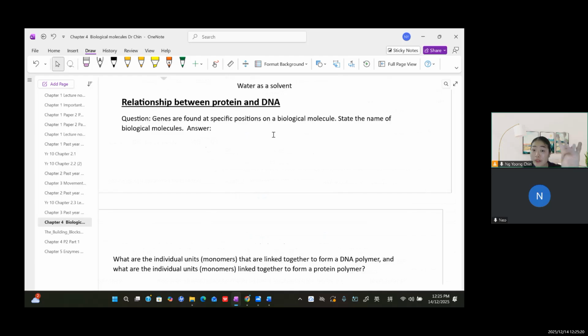The four biological molecules that we learned are lipids, nucleic acids, proteins and carbohydrates. Which biological molecule do you think this is referring to? I don't really know.